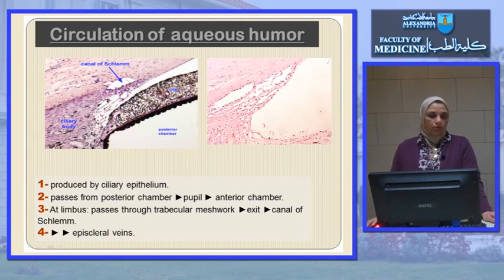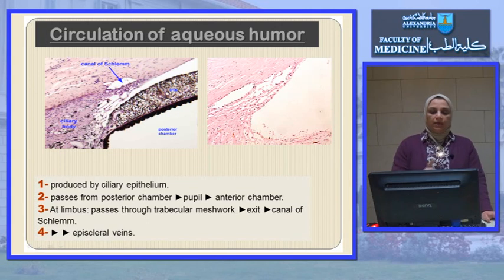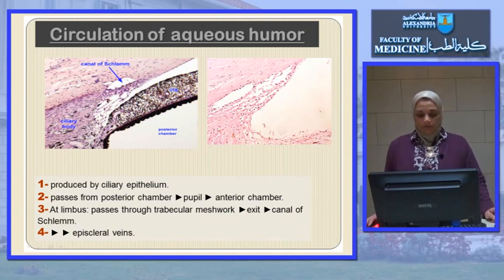At the limbus, it will pass through the trabecular meshwork and then exit through the canal of Schlemm, an irregular canal encircling the eyeball at the limbus, lined by endothelium. Finally, the drainage will be to the episcleral veins. This is the pathway of aqueous humor circulation.